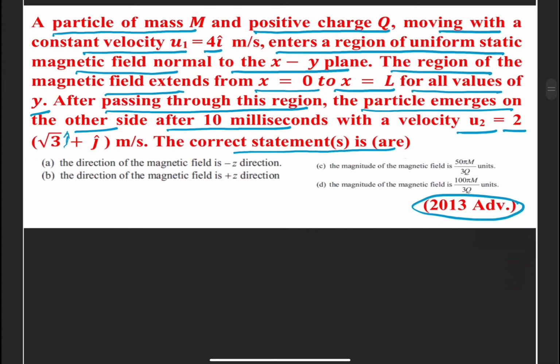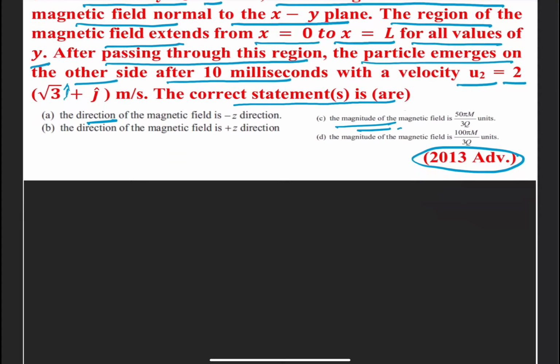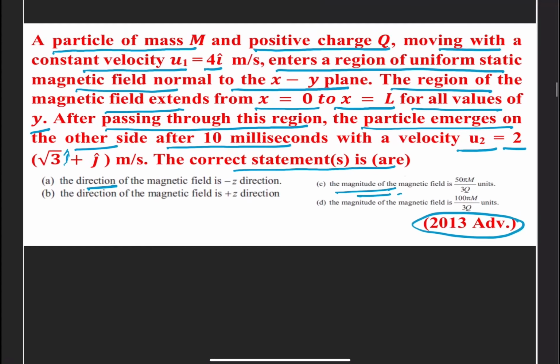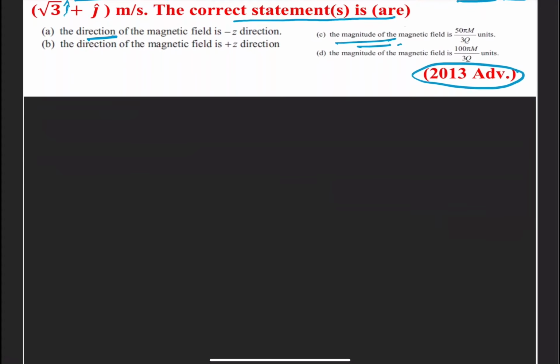So in this case, we have to find out both the direction as well as the magnitude. We have a magnetic field that extends from x equal to 0 to x equal to L. Okay, so let us draw.